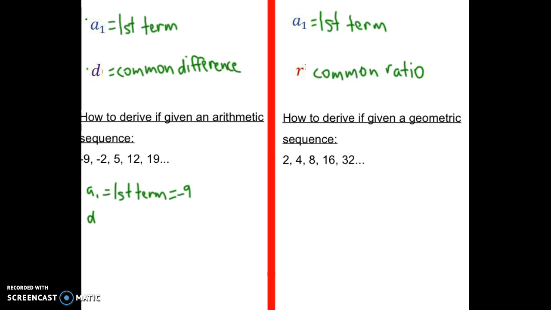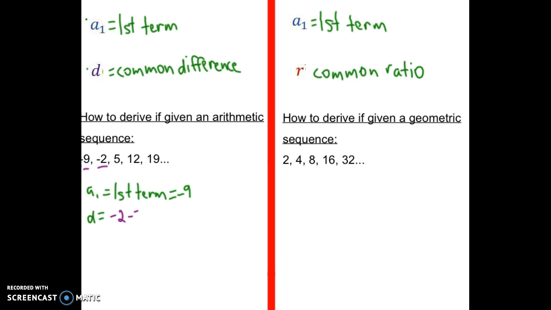Now the difference, I'm going to have to do some math. Remember how I talked about it in a previous video? In this case, I'm telling you that it's arithmetic. So I know that the difference will be adding. I'm going to add a number to -9 to get to -2. In order to find that, remember I take the second number minus the first number.